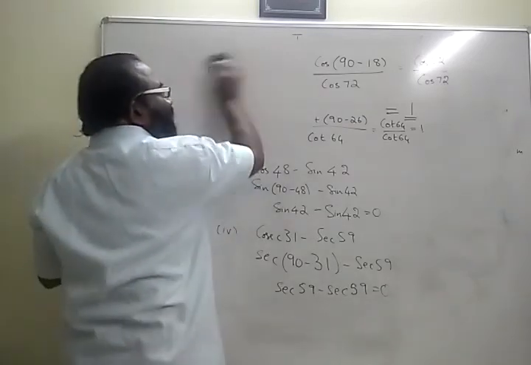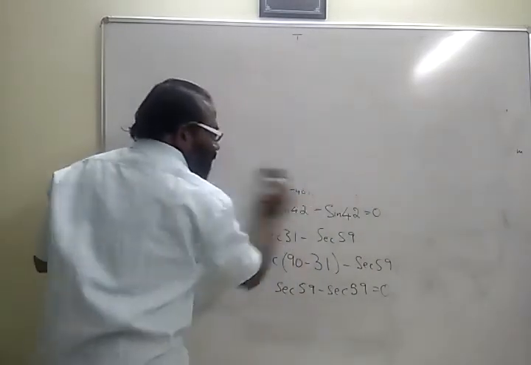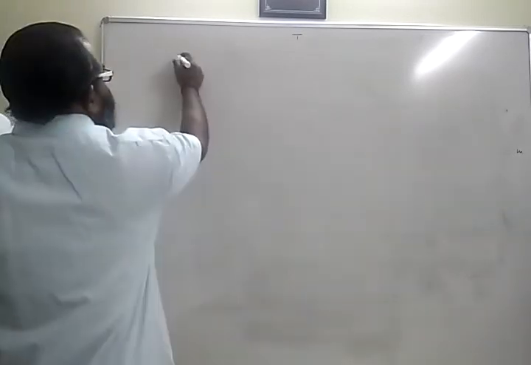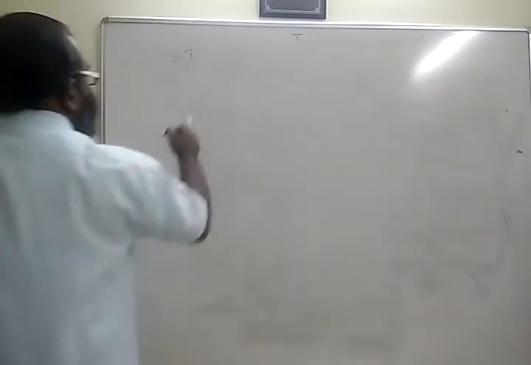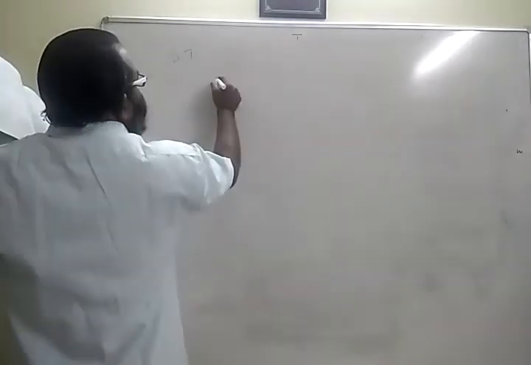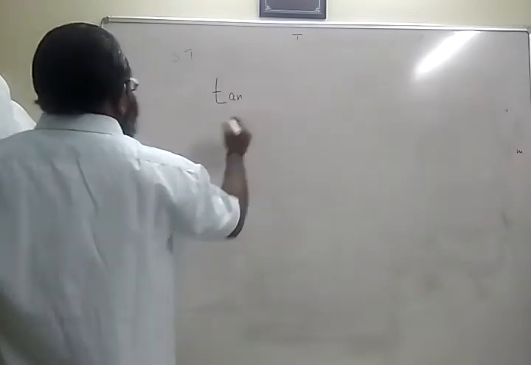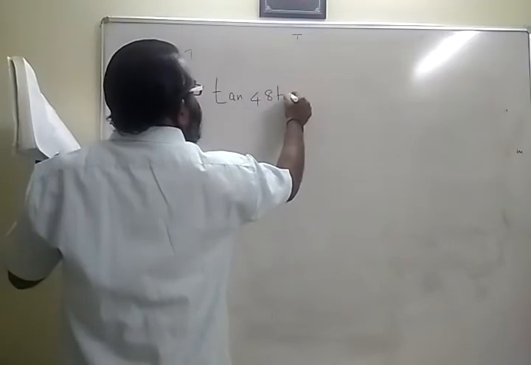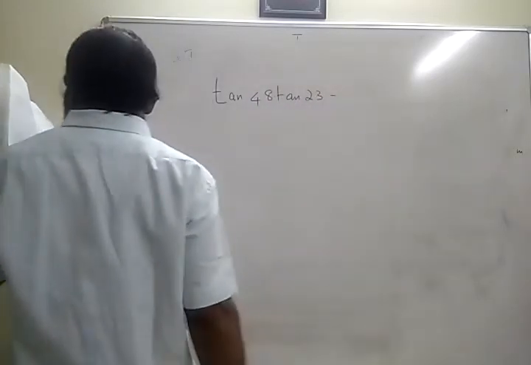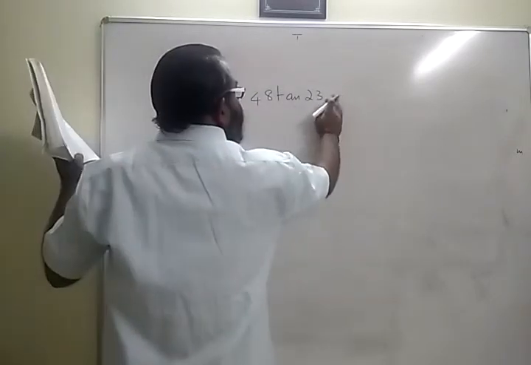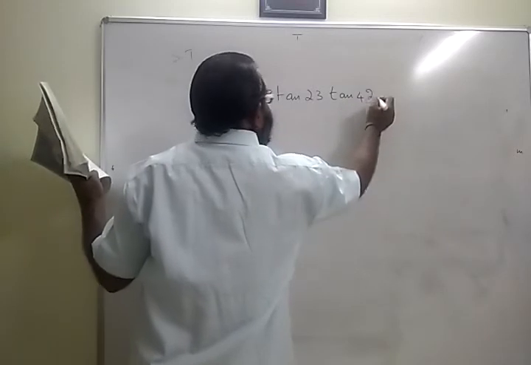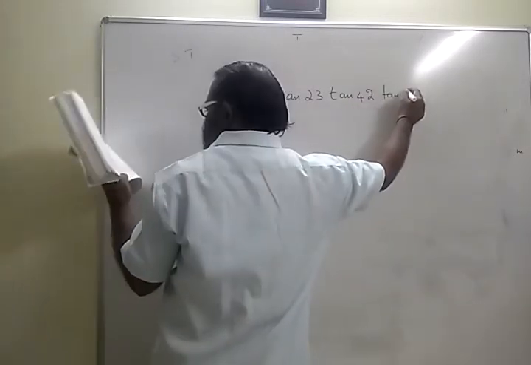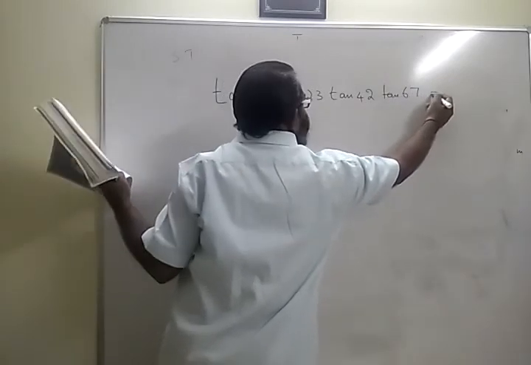Now let us look at the second set. Show that tan 48 into tan 23 into tan 42 into tan 67 equals 1.